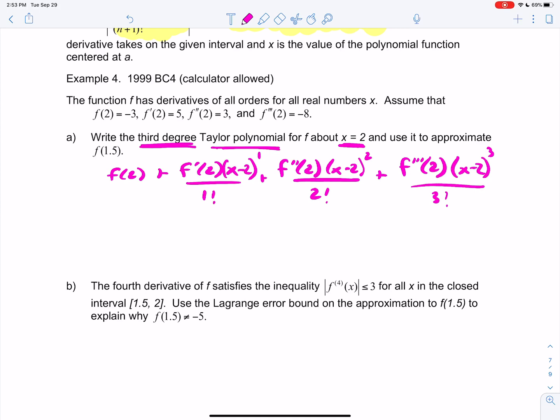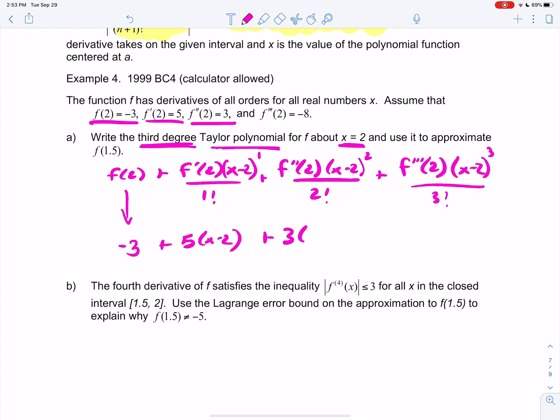The reason why I have to do it the long way, you guys, is because they don't tell me what I can start with. In the last problem, we had e to the x, we had cosine x, so we had something that we could start with. There are some occasions where they don't give that to you, so we have to reinvent the wheel, okay? So here we go. F of 2 is given as -3 right there, plus 5(x minus 2) to the first power over first factorial, but I won't write that, okay?